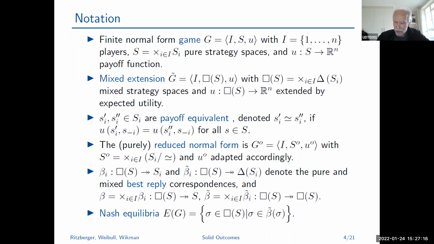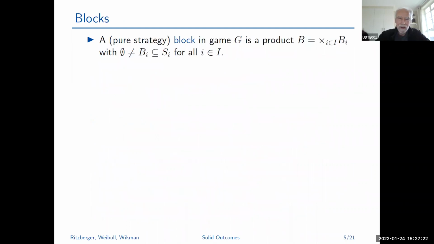And I guess in this audience, I don't need to explain what a Nash equilibrium is, right? Now, a somewhat less familiar notion is the notion of a pure strategy block. But it's a very simple object. A block is simply a product set of non-empty pure strategy subsets, one for each player.